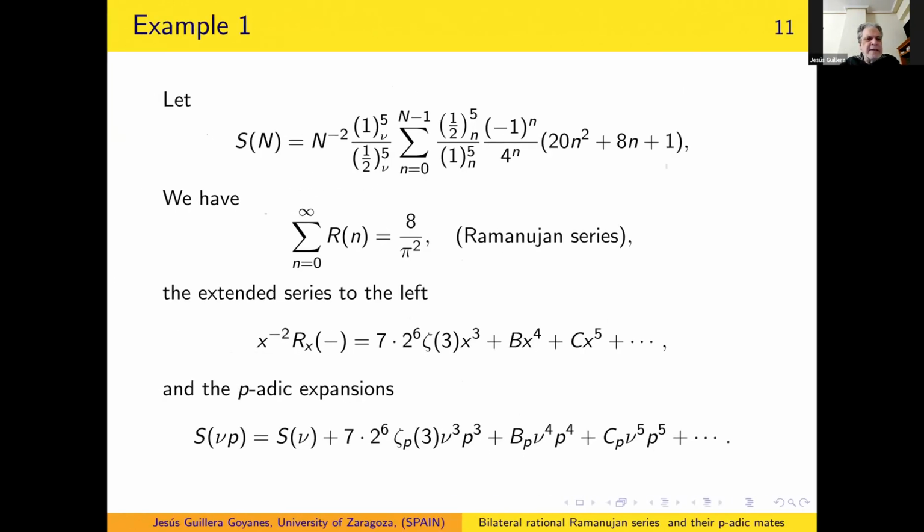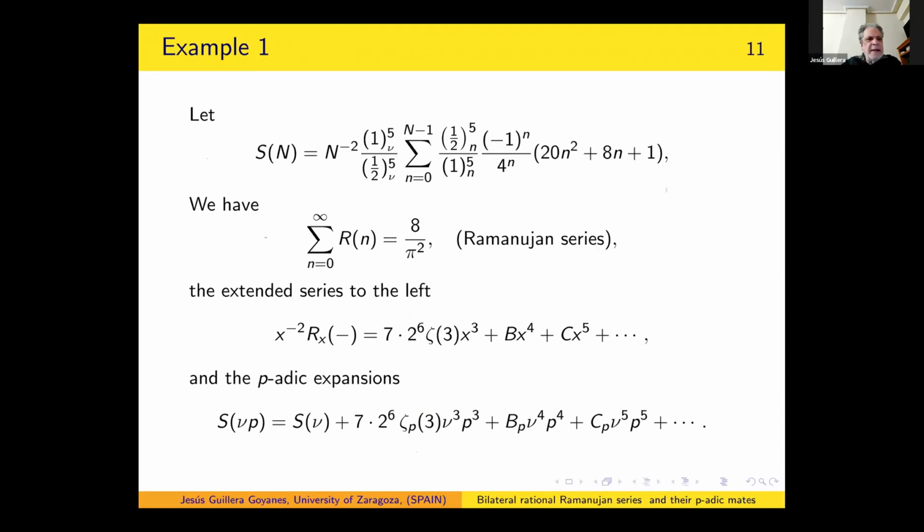Well, it is interesting to see that we can prove that the expansion is correct by eliminating some of the terms using different values of nu.